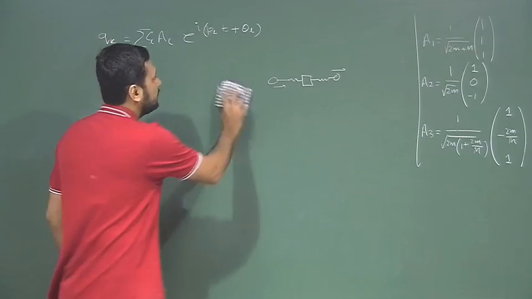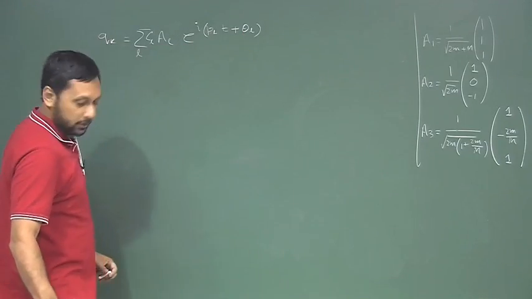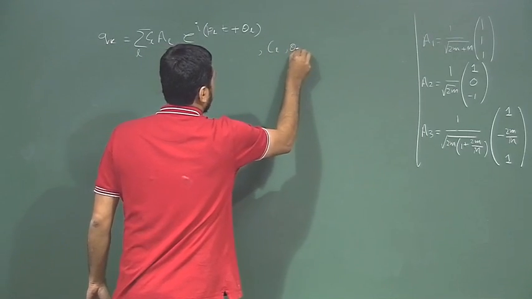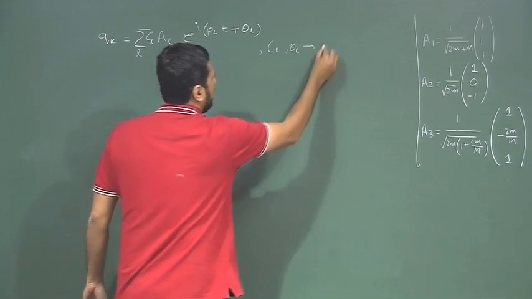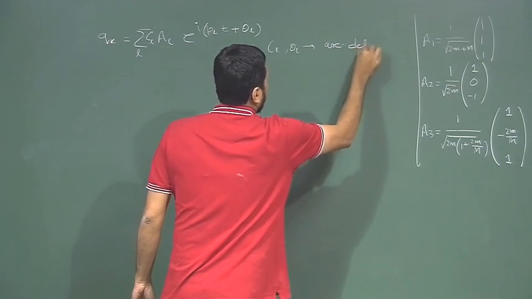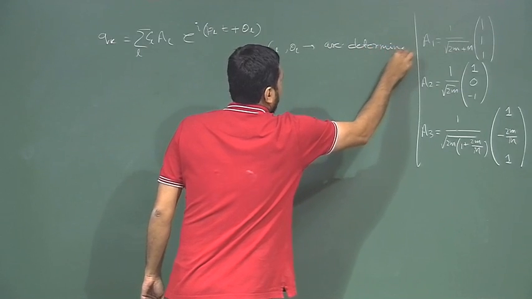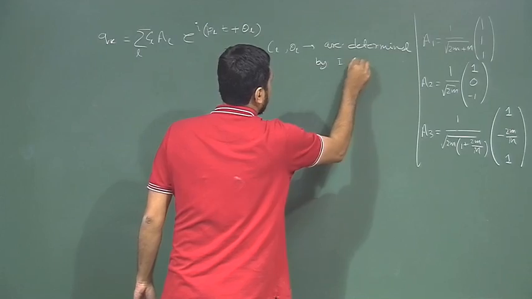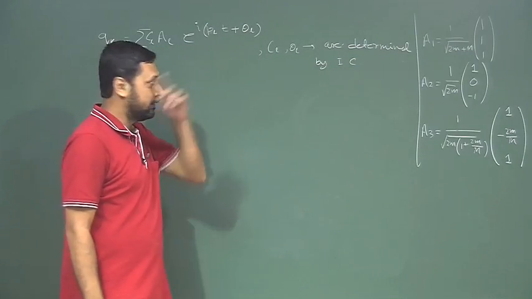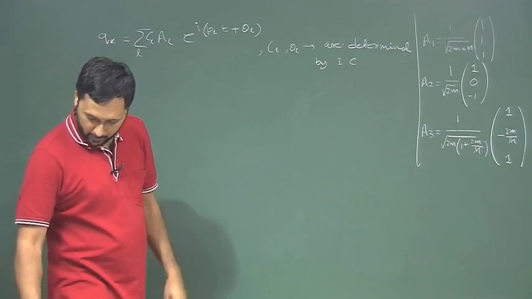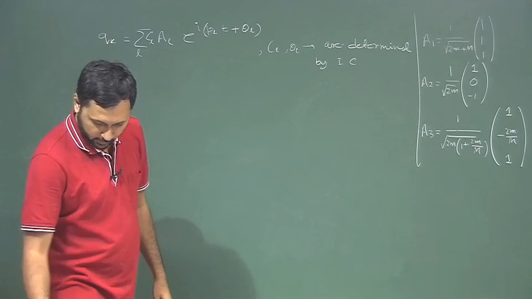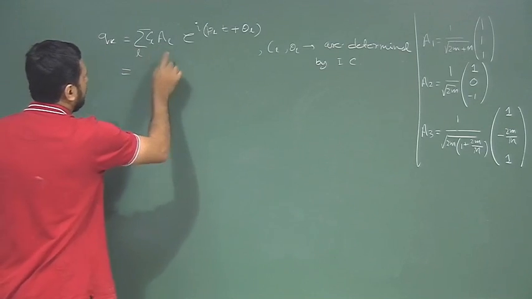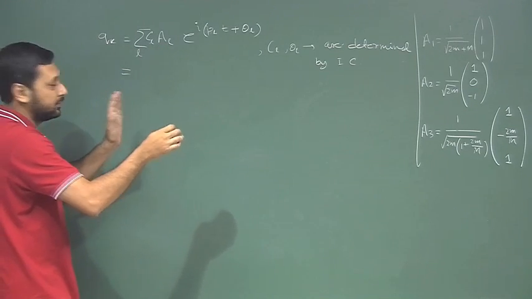So a most general description will include C_L and theta_L, where C_L and theta_L are determined by the initial condition, IC meaning initial condition. That gives you a complete description of the motion.